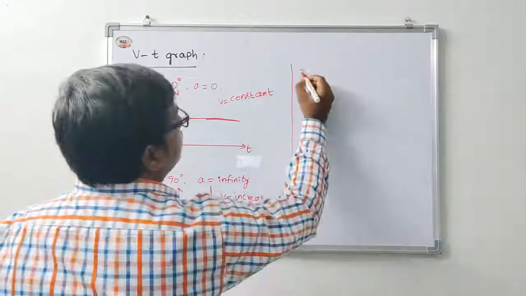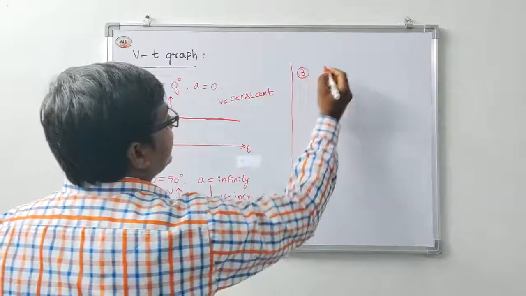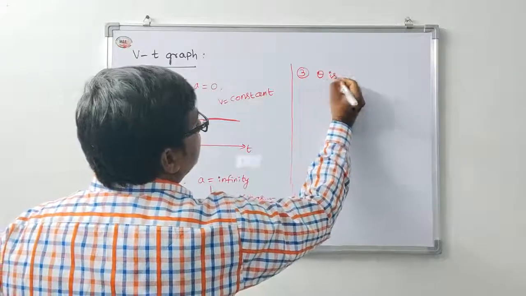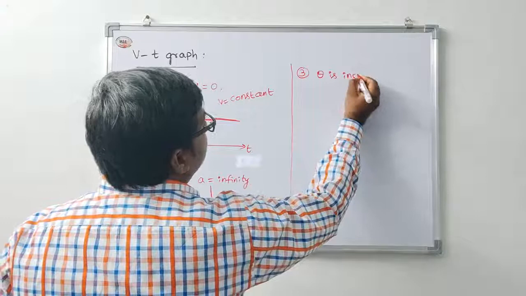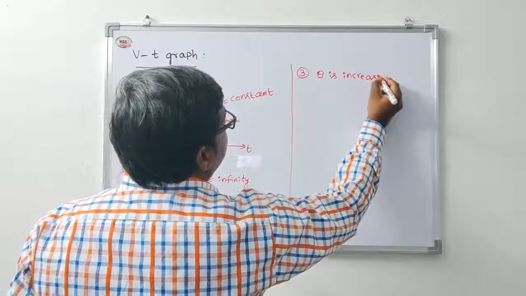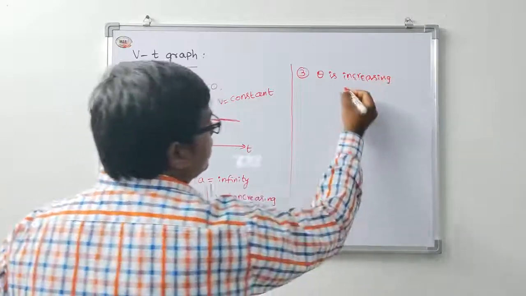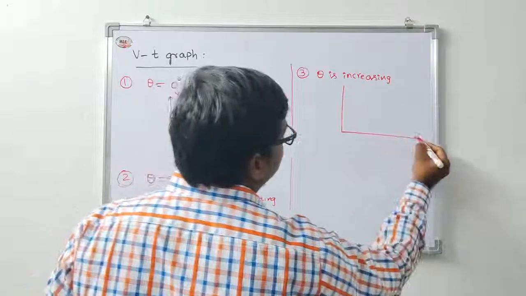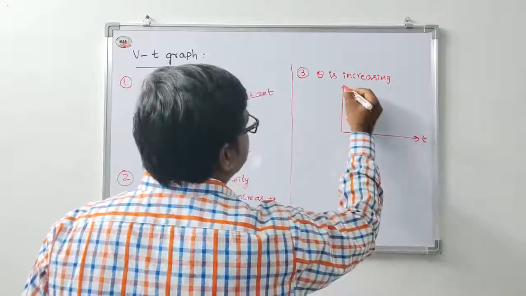Next, the third case: theta is increasing. Draw the graph, students. This is the time, this is the velocity.